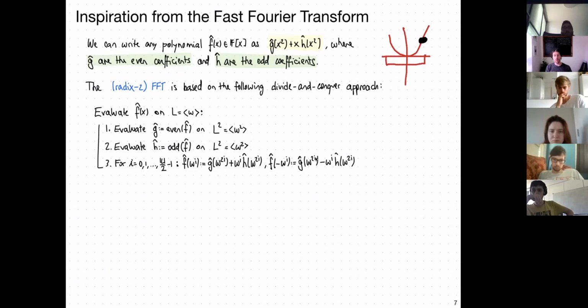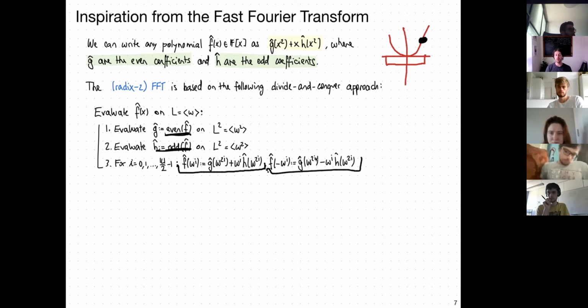So what you do, and this is what's happening here, is evaluate the even part only on points of the form x squared, and you do the same for the odd part. One time you compute the value of the function with respect to w, and the other time you use the same values that you computed before to compute also the value at minus w.